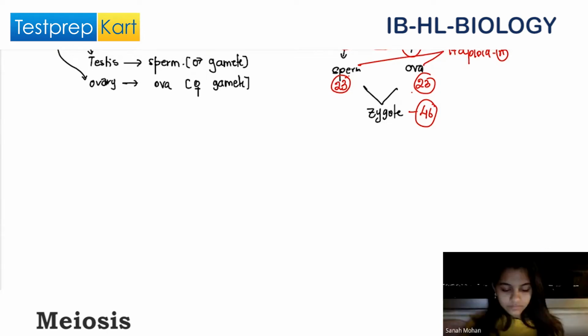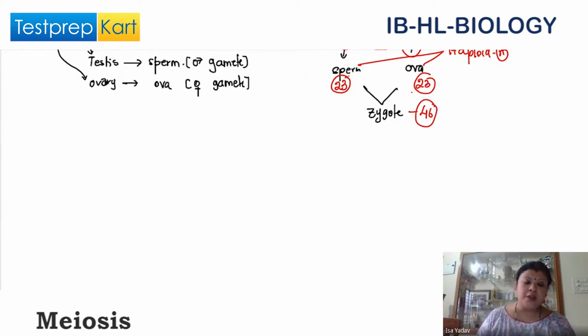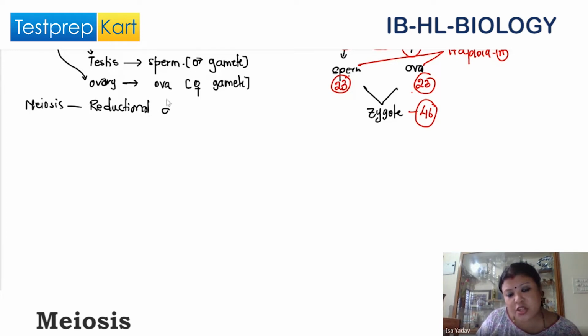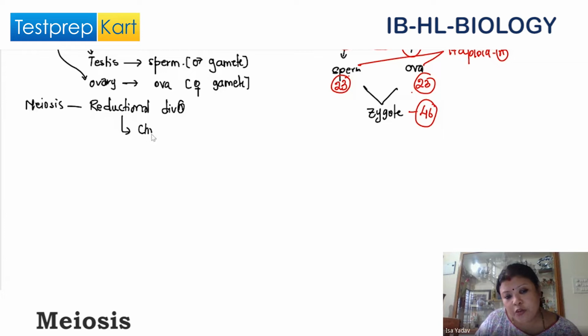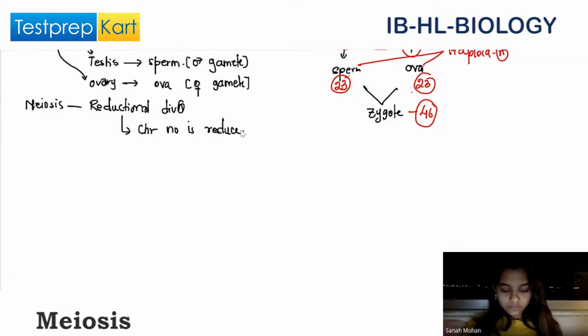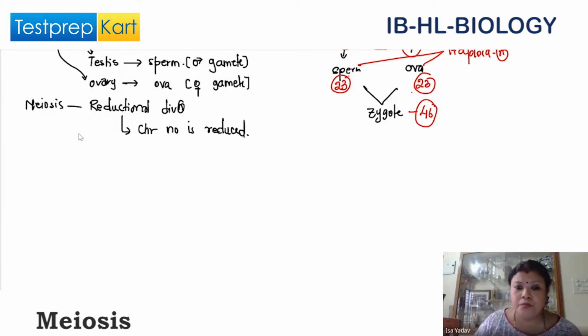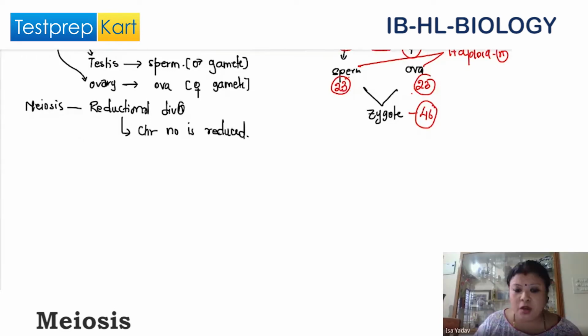So meiosis is reductional division. That means here the chromosome number is reduced.